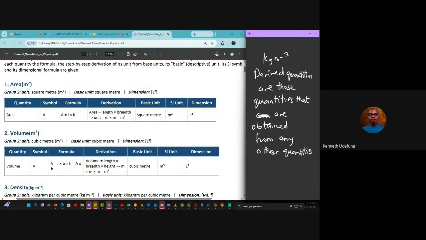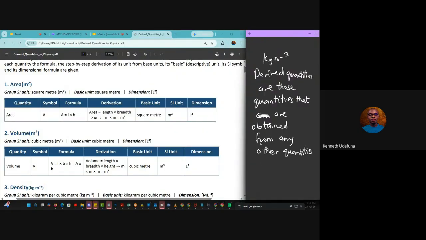So those quantities that are obtained from any other quantities are known as what? Your derived quantities. It simply means that your derived quantities are a combination of your basic quantities. When you combine your basic quantities, or even combine one derived quantity with another derived quantity, you will get what you call a derived quantity.